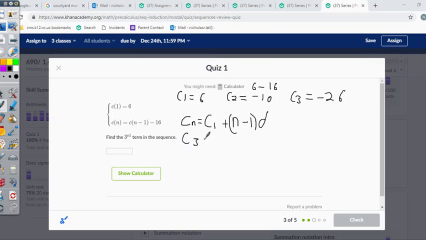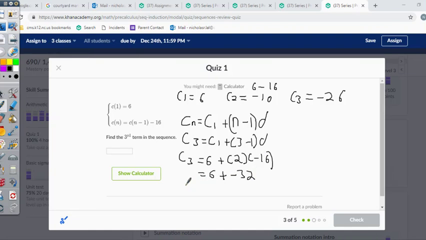So C3 would be equal to C1 plus 3 minus 1 times d. So C3 would be equal to 6 plus 2 times negative 16. That would be equal to 6 plus negative 32, which is going to be equal to negative 26.